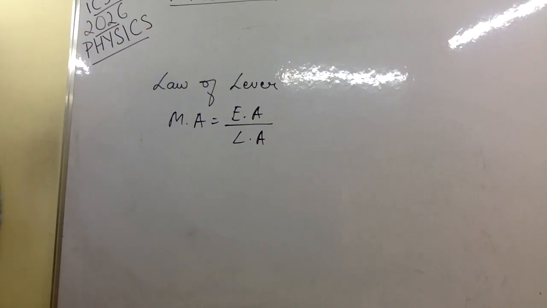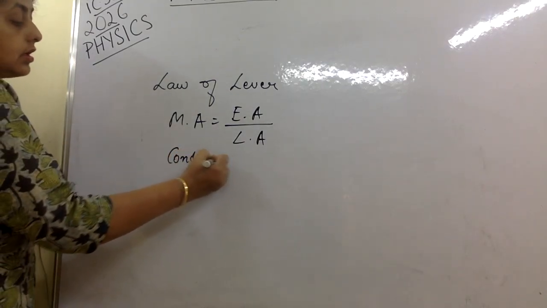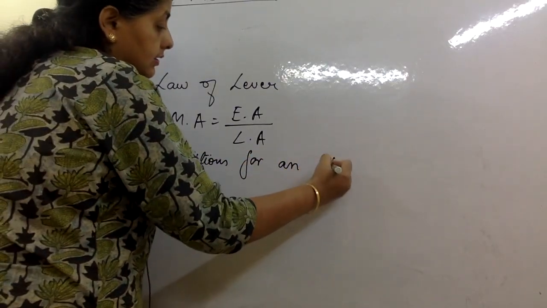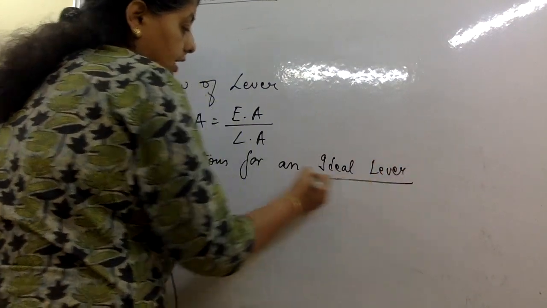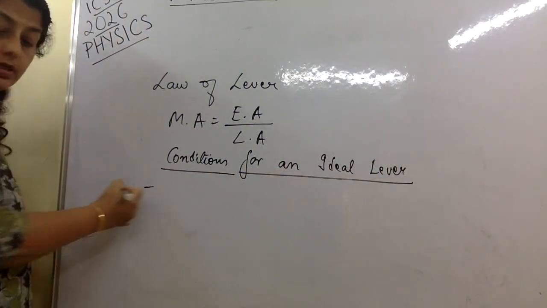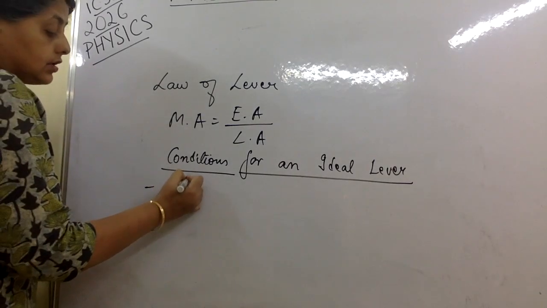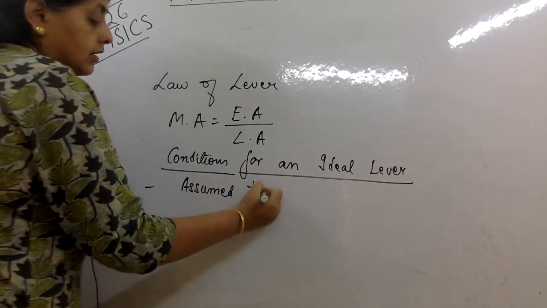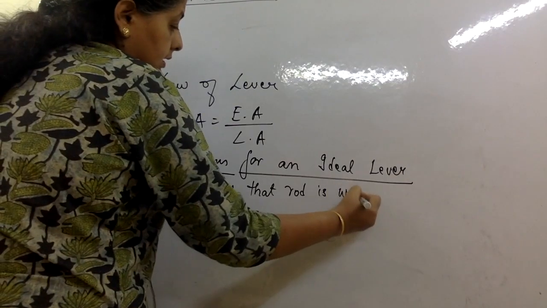Okay. What are the conditions for an ideal lever? You know this. This is for every ideal machine. They ask for a condition. Firstly, assume that rod is weightless, which it isn't.